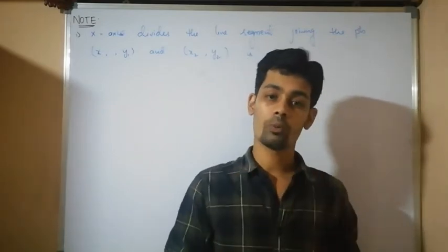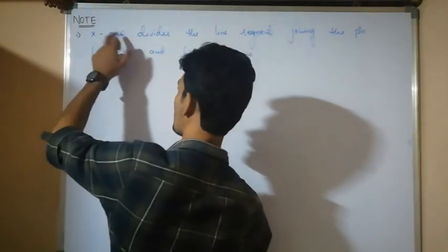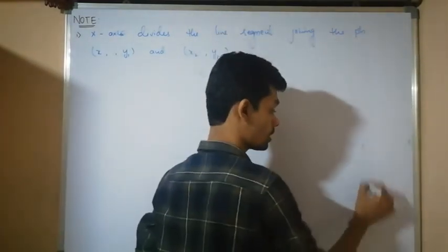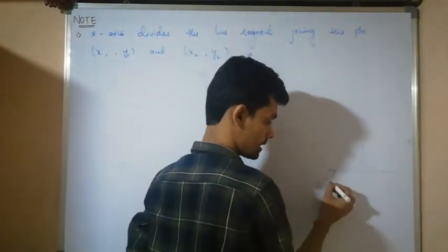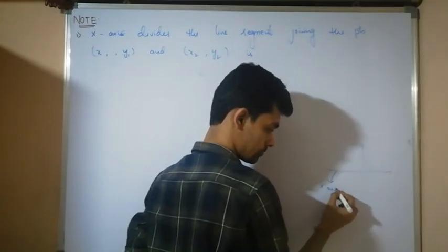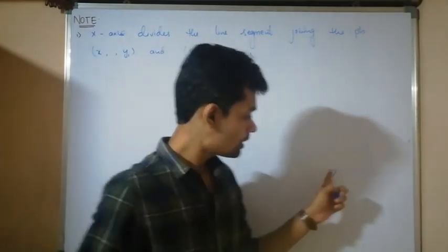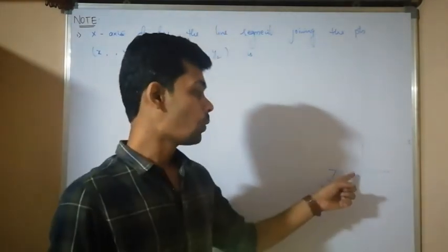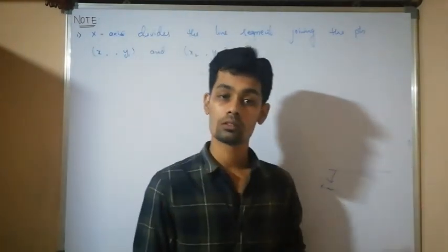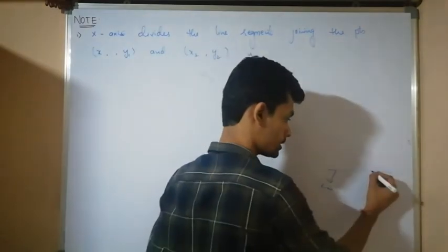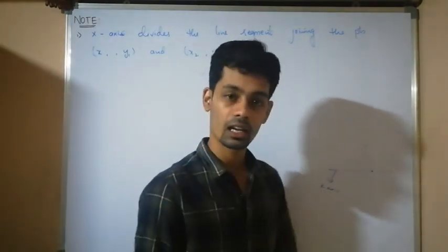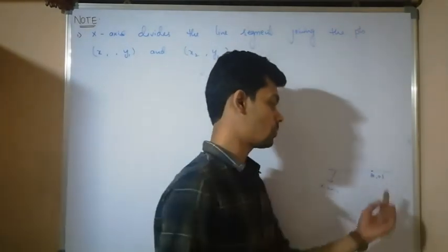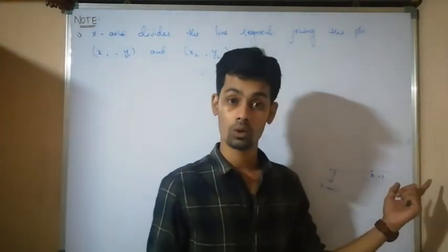Now in place of the point P, here we have given the x-axis. What is the x-axis? This is the x-axis. On the x-axis, the y term is always 0. If I take any point, we will get a point a comma 0. y is always 0 here.